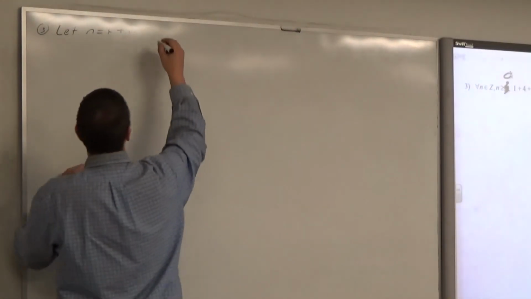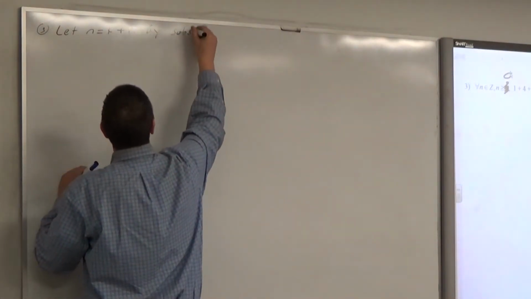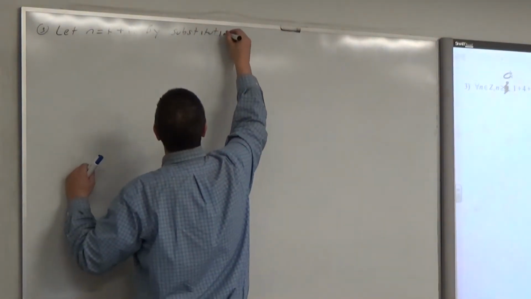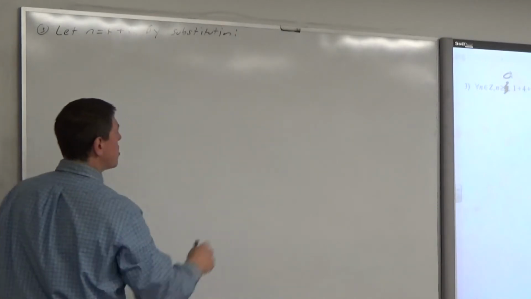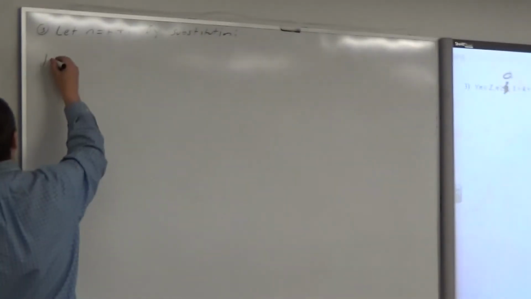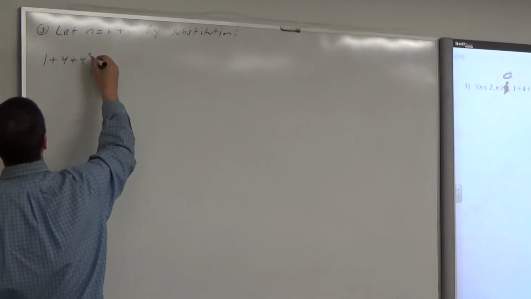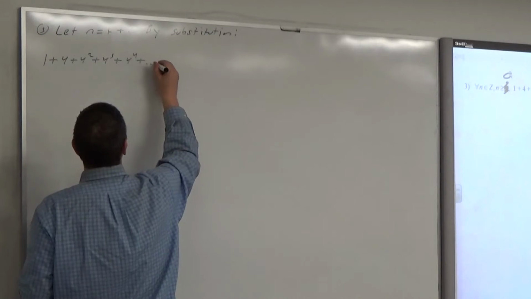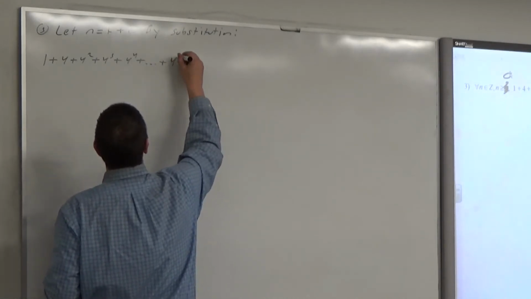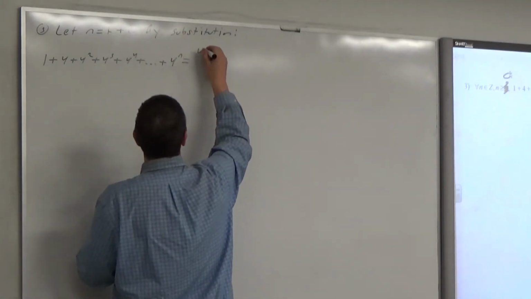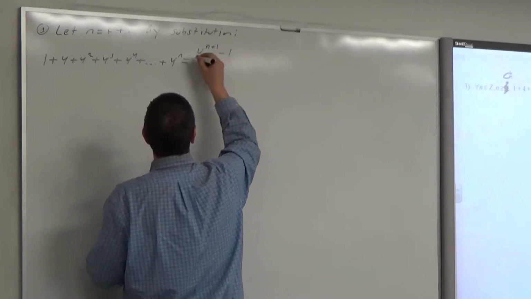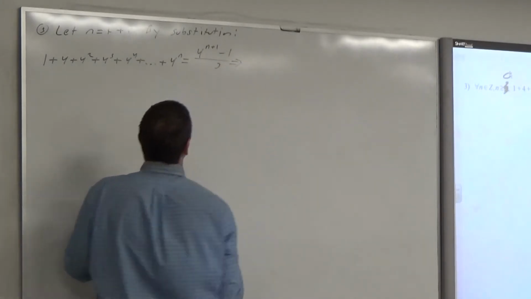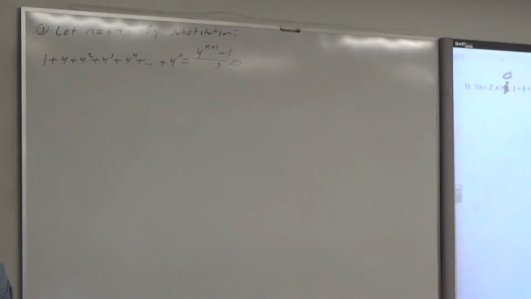Okay, by substitution, we are going to say that the original formula, 1 plus 4 plus 4 squared plus 4 cubed plus 4 to the 4th plus ... plus 4 to the n, which is equal to 4 to the n plus 1 minus 1 over 3, now is going to become the exact same thing, except now we substitute k plus 1 back in.